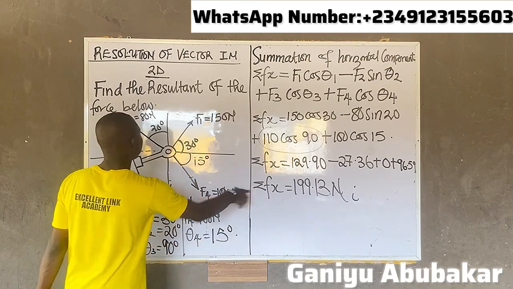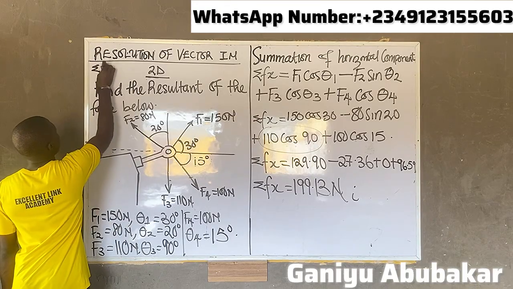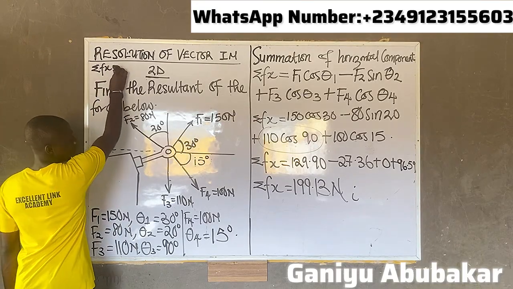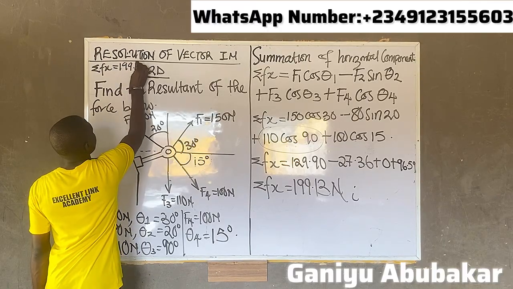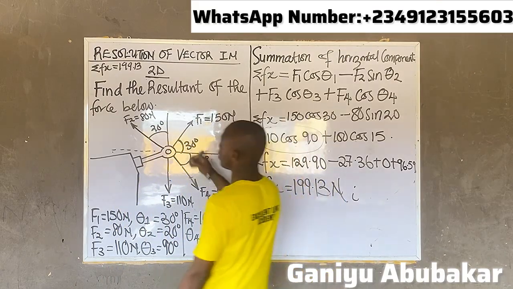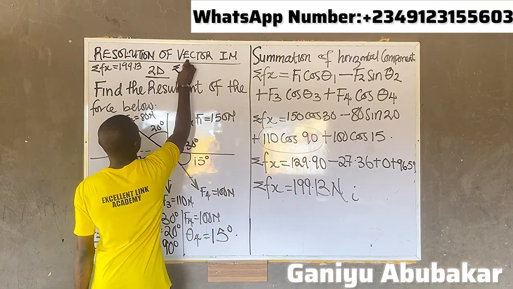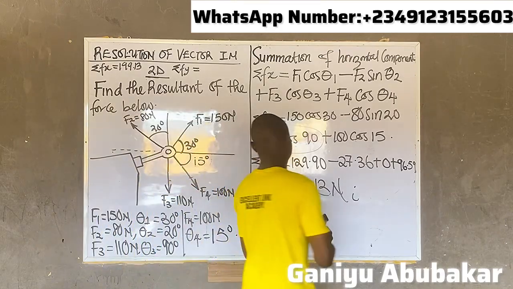So my F of x, let me just put the answer somewhere. F of x, the value gives about 199.13 Newton. I've got F of x. Let's get F of y. So I'll put the summation F of y here so we can use them in solving.